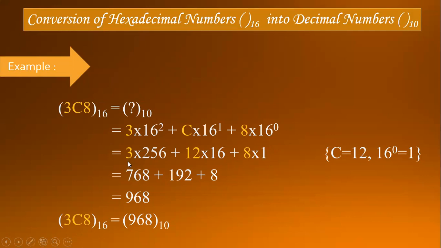Then we are getting 768 plus 192 plus 8, which is equal to 968. So we can say that the hexadecimal number 3C8 is equal to 968. I hope these conversions are clear to you.